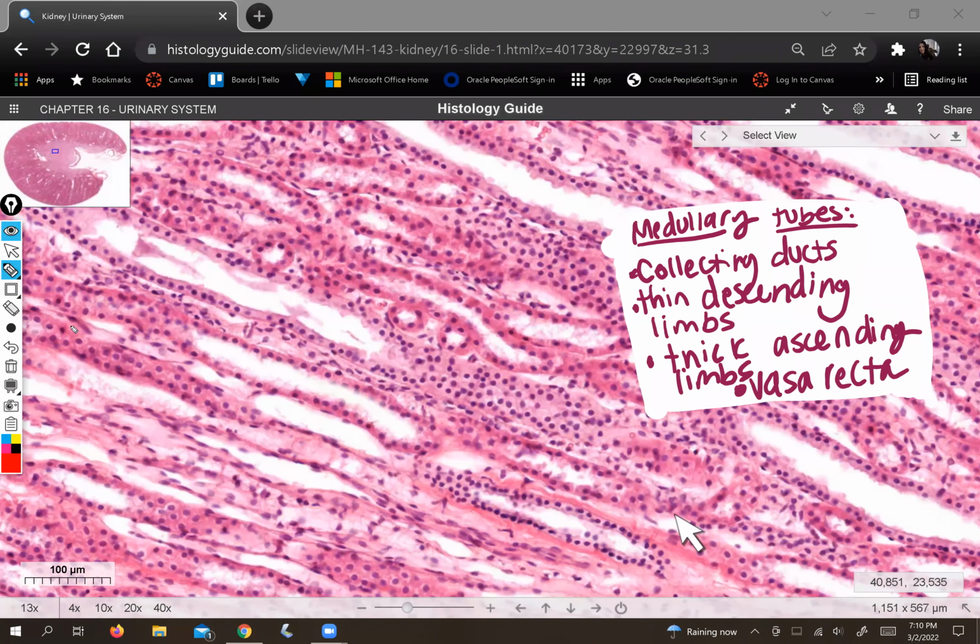So, this here, I can see it's eosinophilic and cuboidal, but we're in the medulla, not the cortex, so it's not a PCT. The thick ascending limb is going to look similar to a long version of the PCT, but it's in the medulla, so it's not the PCT, therefore it must be the thick ascending limb.